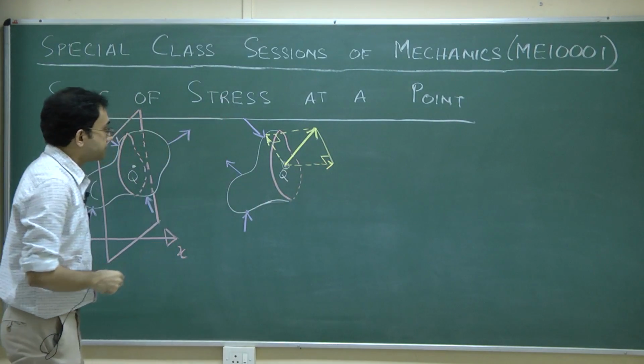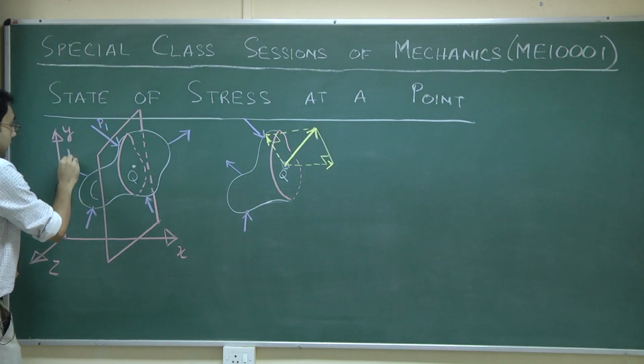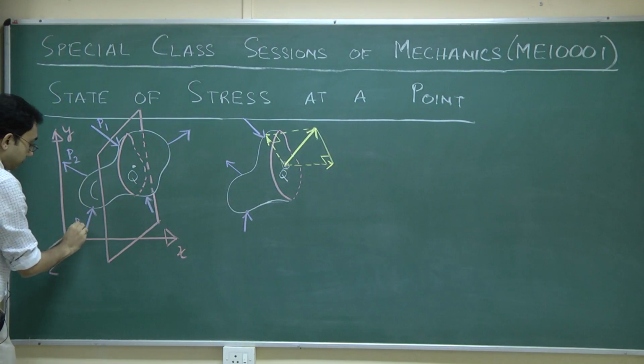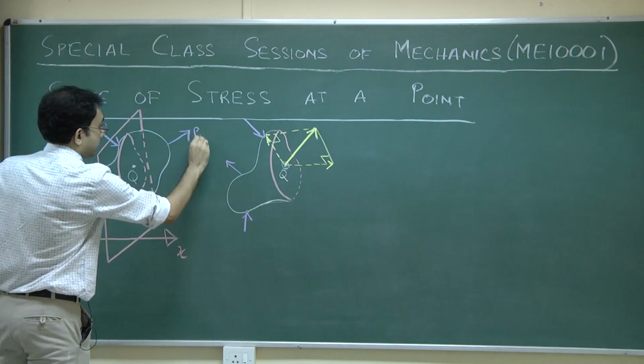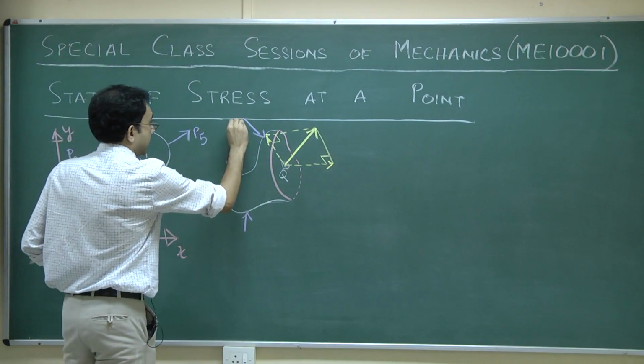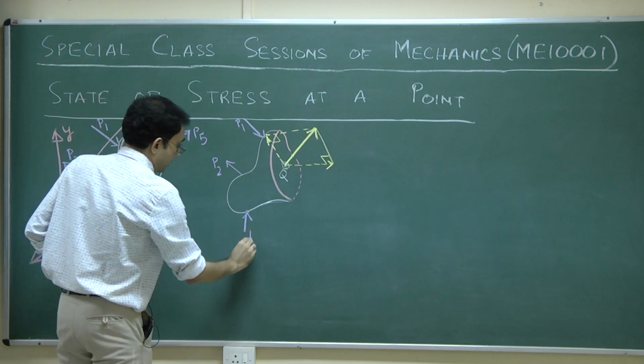If I say that all these forces are named P1, P2, P3, P4, P5, what I have here is just P1, P2 and P3.